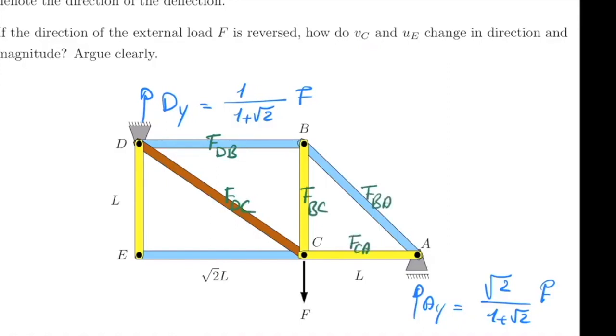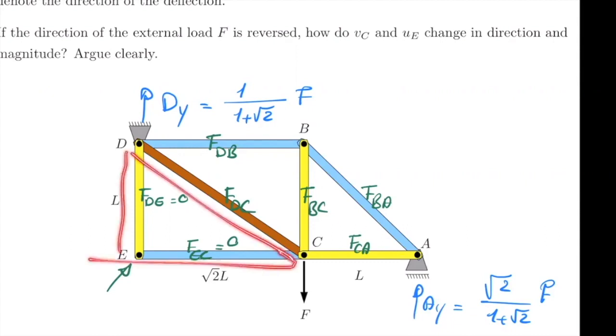Now, you would also have FDE and FEC, but again, you should have a good feeling that these are both zero. Why are they zero? Because they have this 90-degree angle connection. So these are both zero force members. So the problem is not as complicated as it looks really. These two members do not exist.